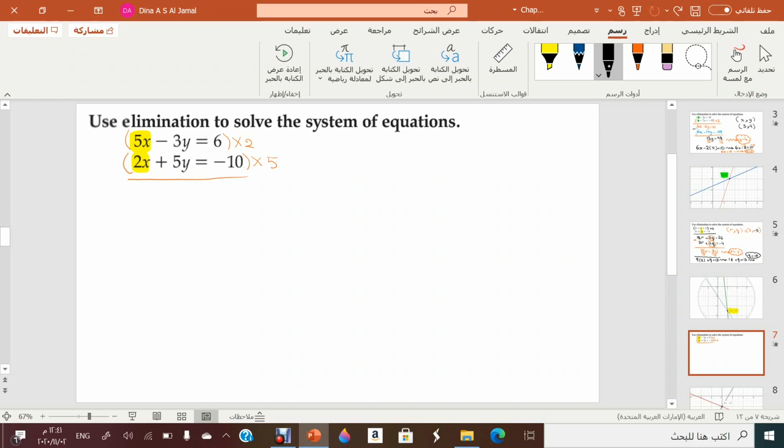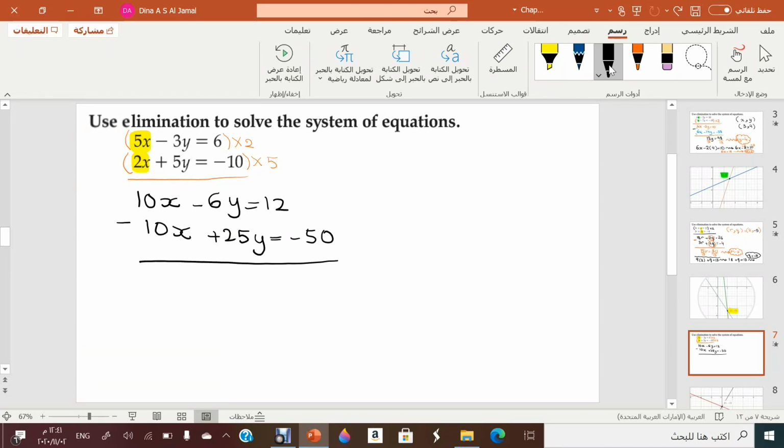Then, let's now modify on it. What I will be doing is that distributive property. So let's do it directly. 10x minus 6y equal 12. And because they will be having the same sign, that means we need to subtract them. 10x plus 25y equal minus 50.